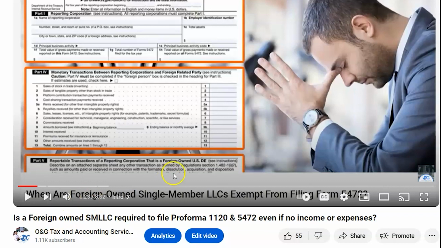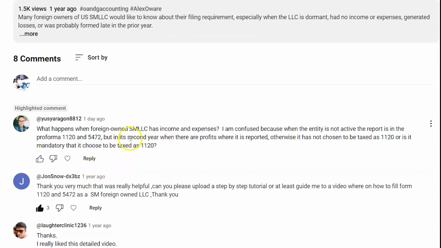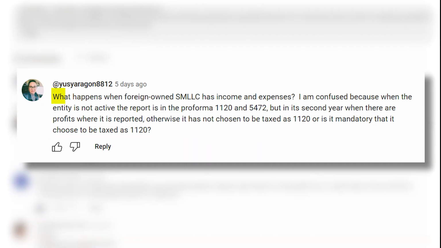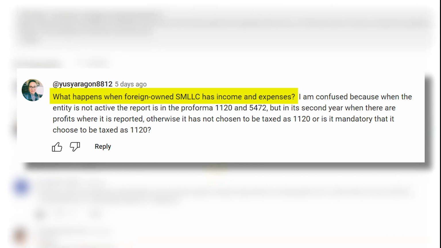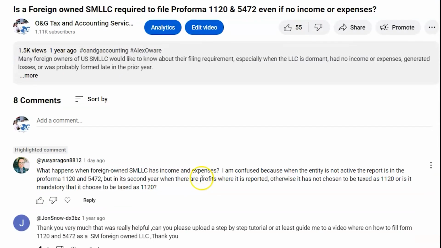But then I'm looking at a comment that was recently sent by one of our viewers, and I think she said, what happens when a foreign-owned single-member LLC has income and expenses? Well, the same issue, okay? We're still looking at reportable transactions, and we're not looking at income and expenses.